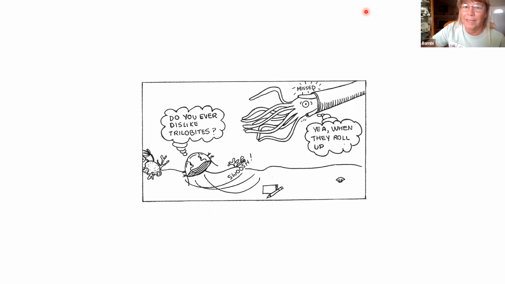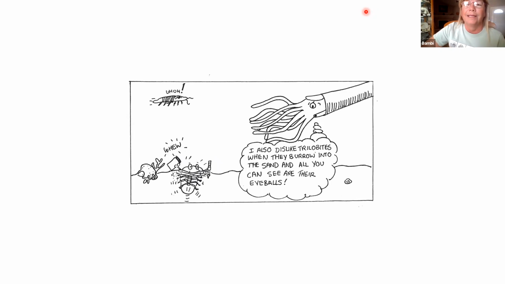Okay. So that's their defense. That rolling up action, hiding in the mud, trying to stay away from their many, many predators. Meanwhile, they scavenge the bottom of the mud, getting their food as a scavenger.